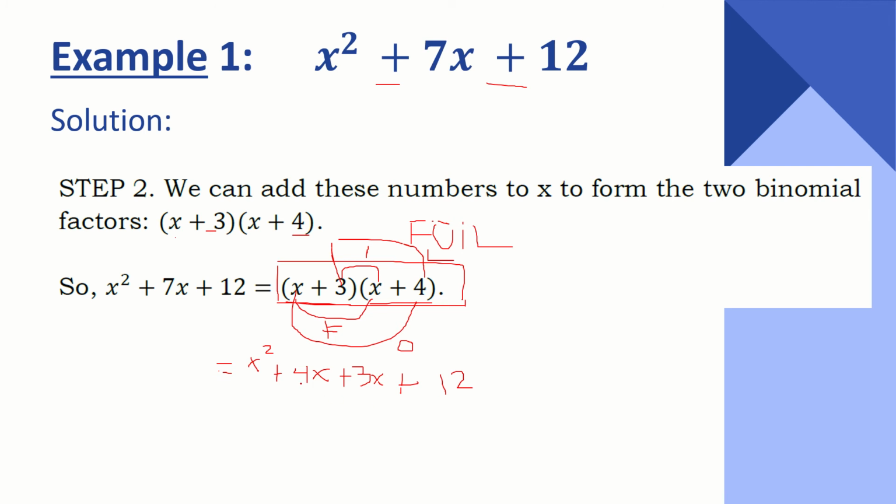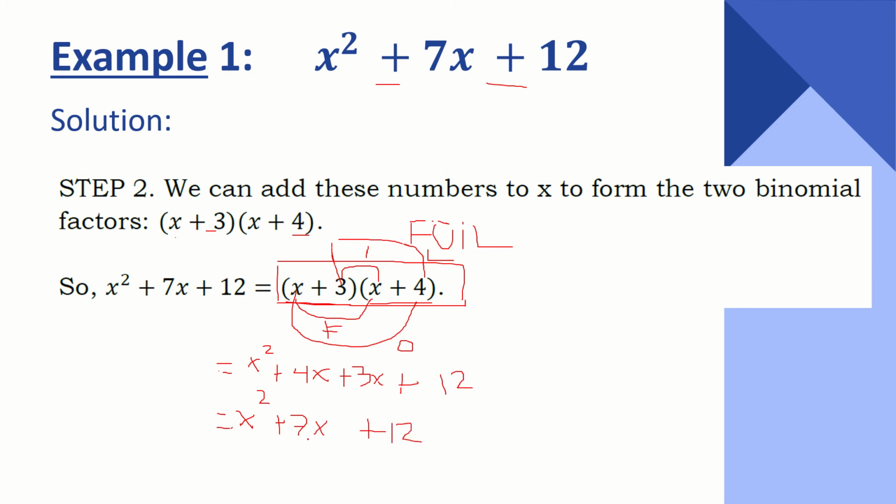Yung magkapareha dito is si 4x and si 3x. So x squared plus 4x plus 3x. Since parehas man sila og variable x, you have to combine like terms. So 4x plus 3x, we have 7x plus 12.